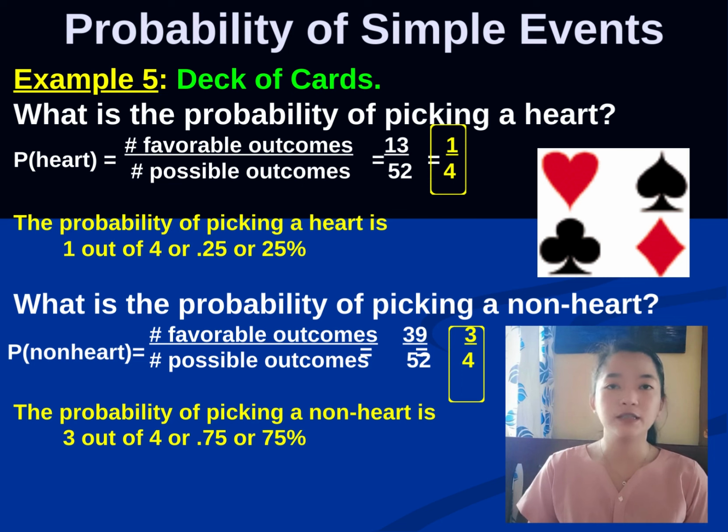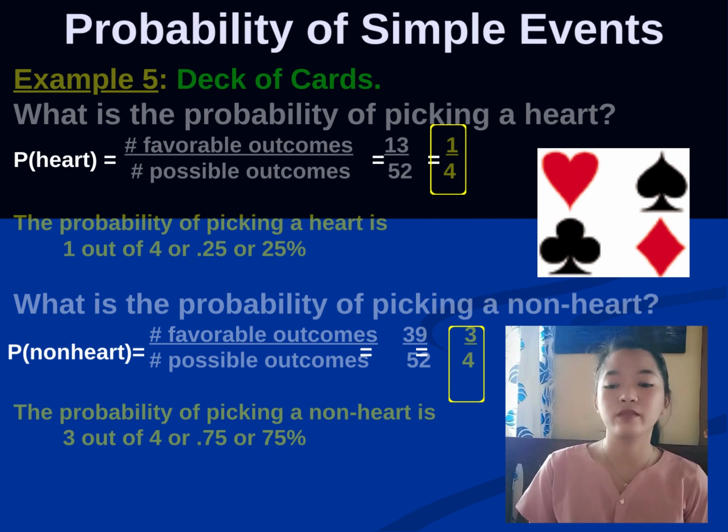P of heart is equal to the number of favorable outcomes over the number of possible outcomes is equal to 13 because we have 13 hearts in a deck of cards over 52 because we have 52 cards in a deck of cards. So let's simplify 13 over 52. It will become 1 over 4. Therefore, the probability of picking a heart is 1 out of 4 or 0.25 or 25%.